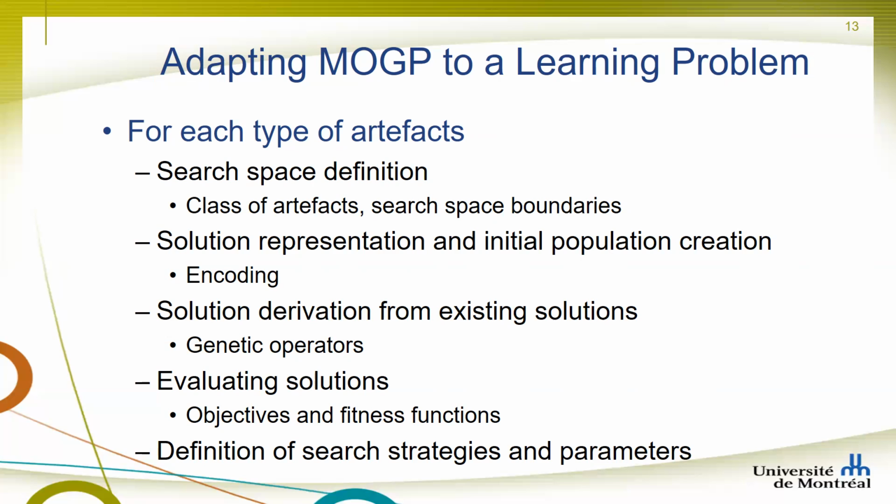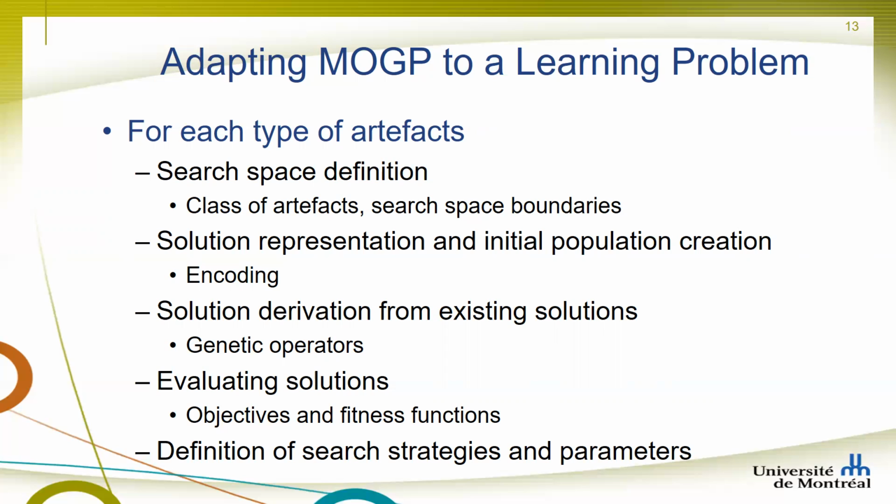Then the other thing to define for a specific problem is how to derive new solutions from the existing ones. What are the genetic operators? And the genetic operators will depend on the encoding of the search space. And then I have to define how to evaluate the solutions. So these are the objectives I mentioned earlier.